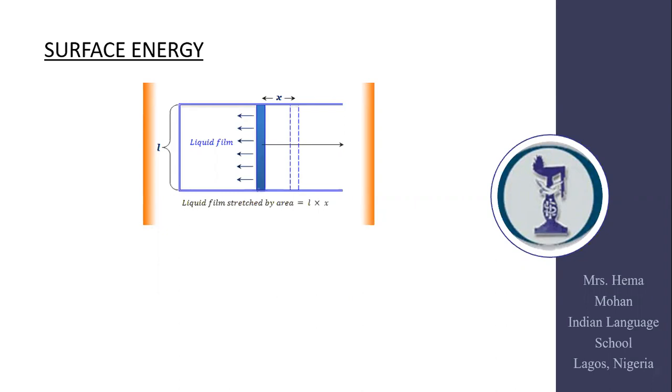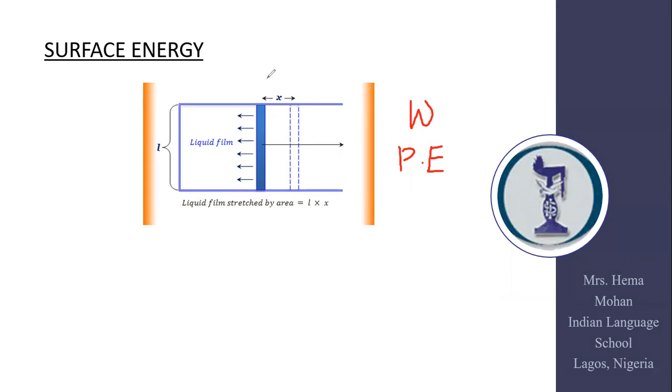So work has to be done in order to stretch a liquid surface. That work done is stored on the free surface of any liquid in the form of potential energy. And that potential energy is what we are going to call surface energy.